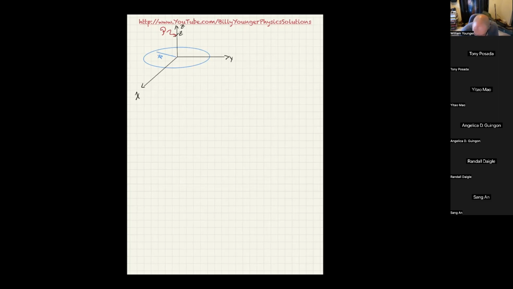So a ring has a radius R and a total charge Q equals lambda times 2 pi R distributed uniformly along itself.